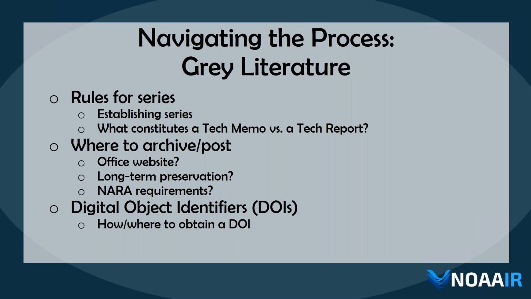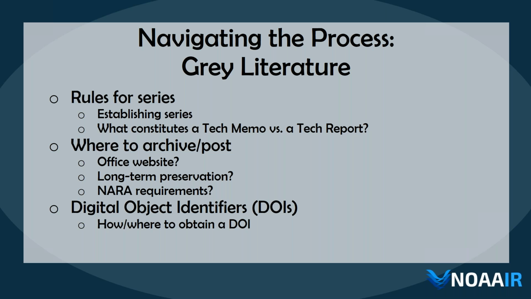You then have to figure out how and where to post that report. Historically, NOAA has often published reports on the web pages of publishing offices, but sites go down and links change, which we've seen happen a number of times. And this is a big problem for long-term accessibility. It can also be difficult for people to find things because you need to know which office to go to.